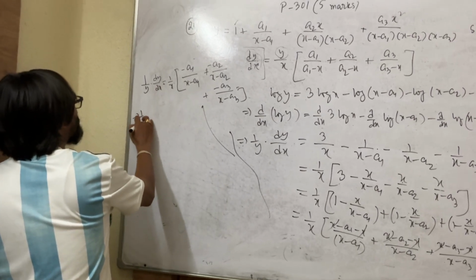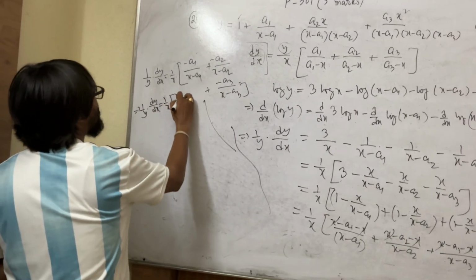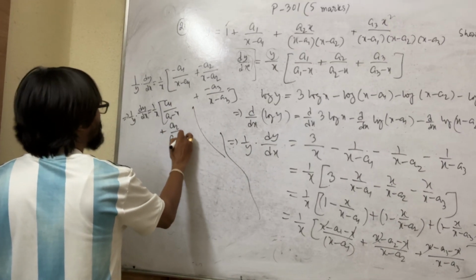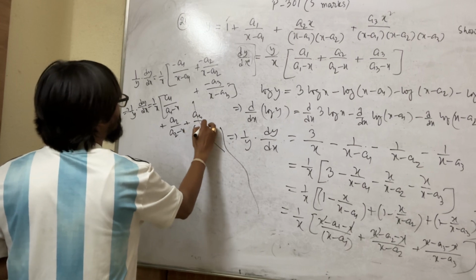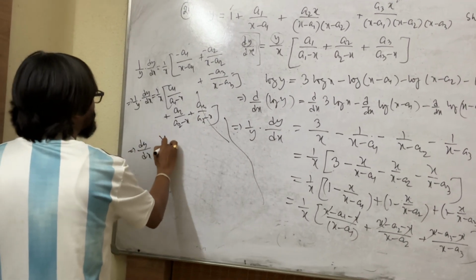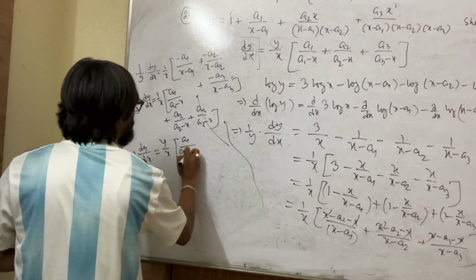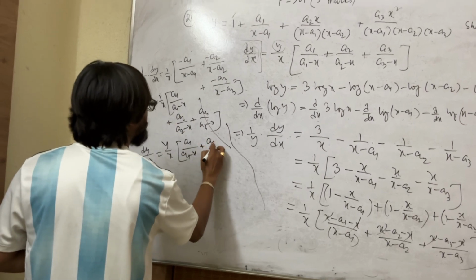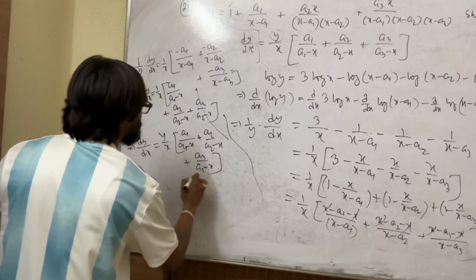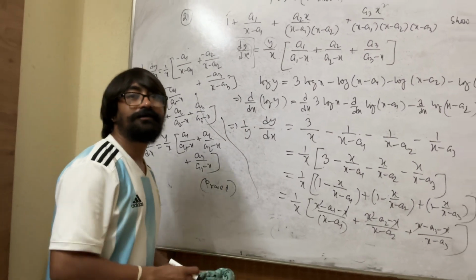So 1 by y dy/dx is 1 by x, this becomes a1 by (a1 minus x) plus a2 by (a2 minus x) plus a3 by (a3 minus x), and just take the y to that side, is your result: dy/dx equals y by x into a1 by (a1 minus x) plus a2 by (a2 minus x) plus a3 by (a3 minus x). Proved. So that's how you tackle these things. That's all for today. Thank you.